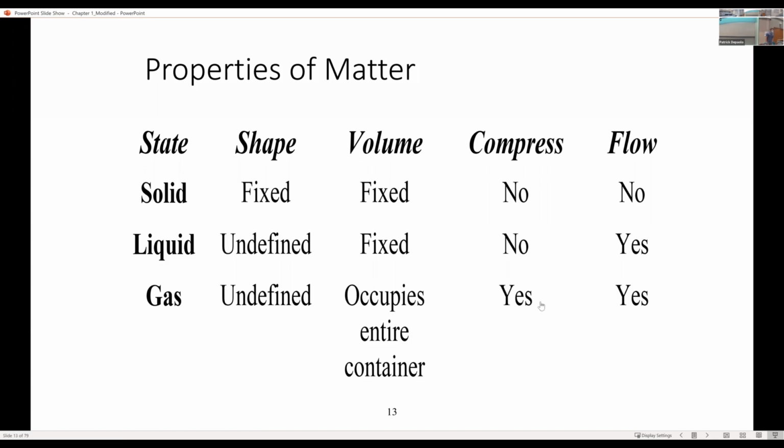Also, gases occupy the entire container. And it's a good thing they do, because if they didn't, then if you farted, it would travel in the same unit of space, and you'd be able to smell it like an hour later if somebody walked by.